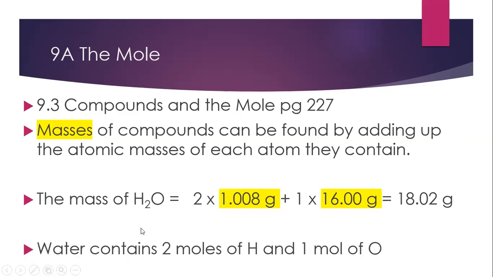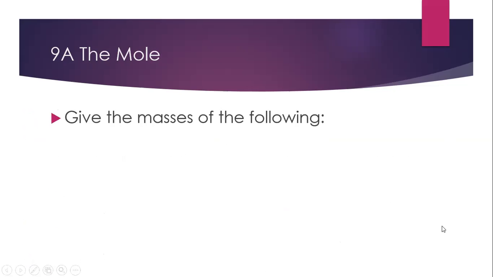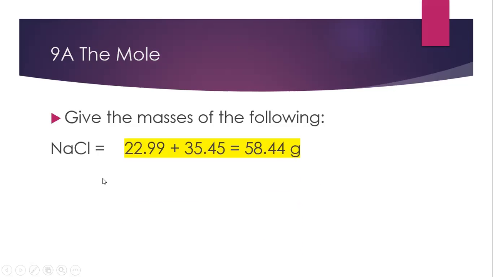Okay, water contains 2 moles of hydrogen and 1 mole of oxygen. Okay, give the masses of the following. So NaCl, we look up, there's 1 sodium, 1 chlorine. So from the periodic chart, 22.99, 35.45.